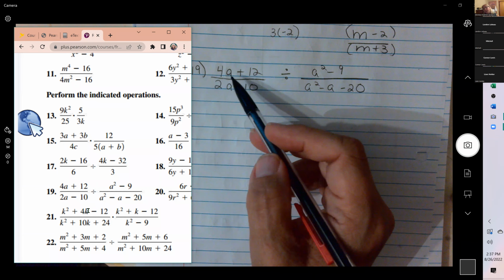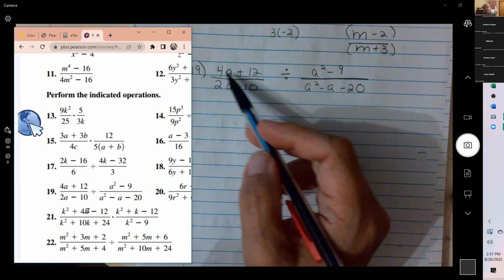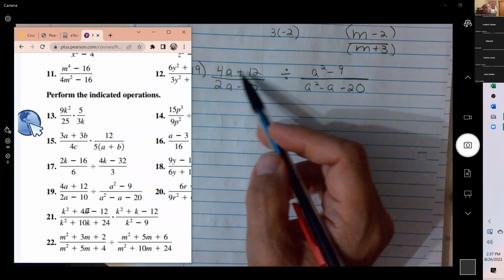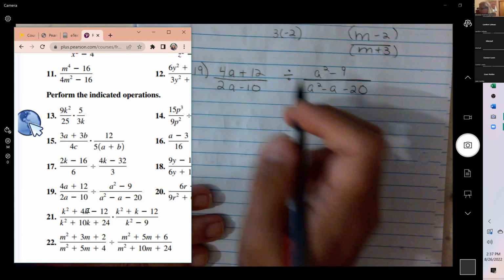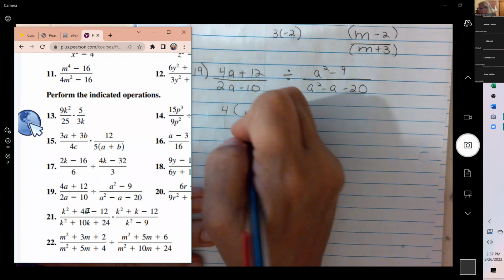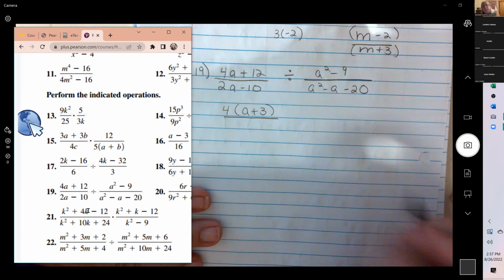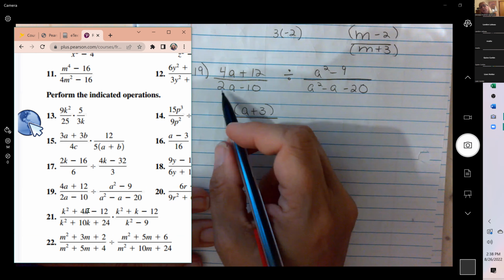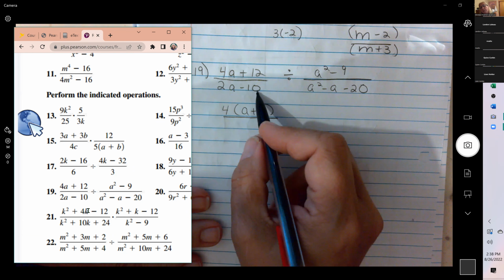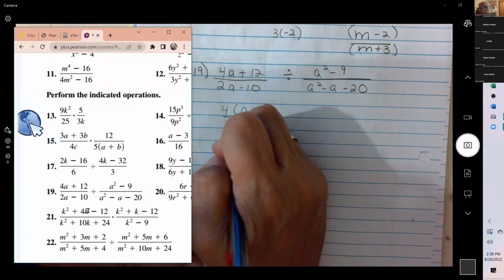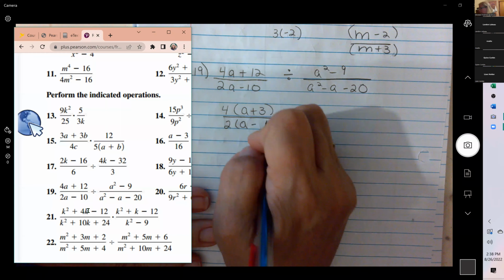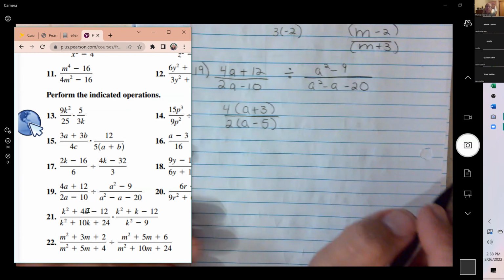Now there's no squared term, but we can pull a value out. Notice 4 goes into both of these. So we could pull out a 4 and have a plus 3. And this one we can pull out a 2 and have a minus 5. Any questions on that part?